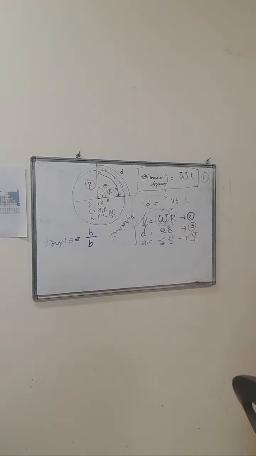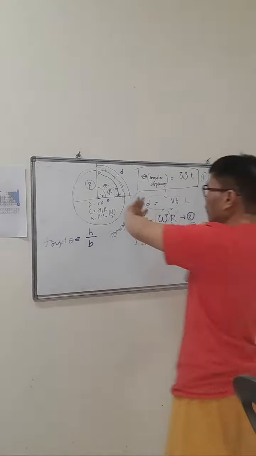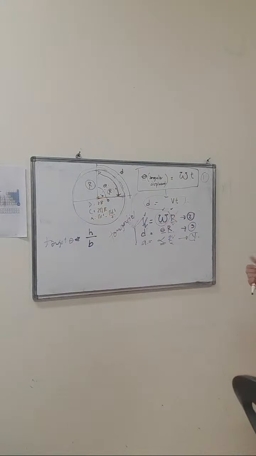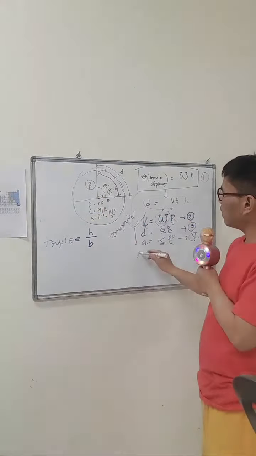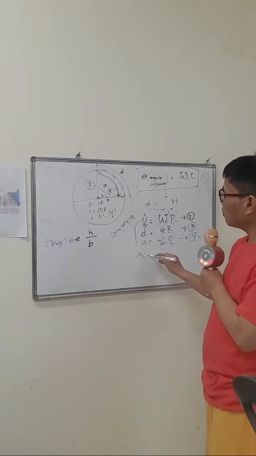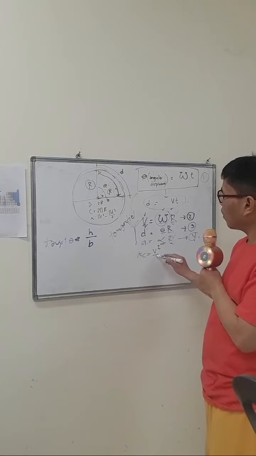So we have now how many equations? 1, 2, 3, 4. And after that, since we know that this is circular, we also have to consider the centripetal acceleration. Centripetal acceleration a_c is equal to v squared over r.